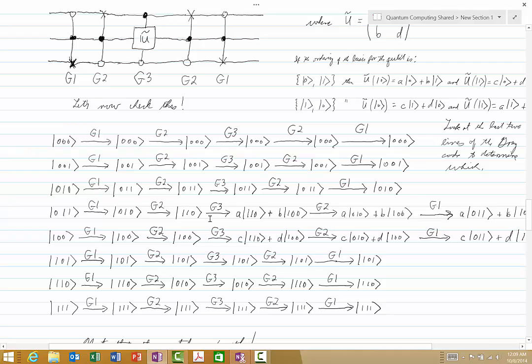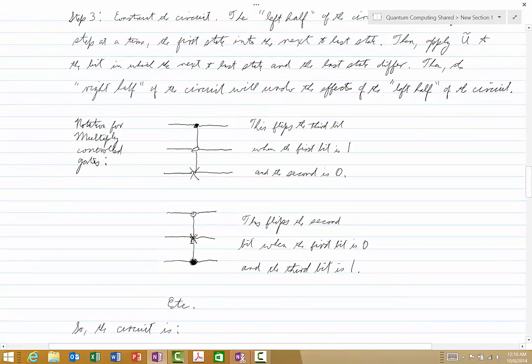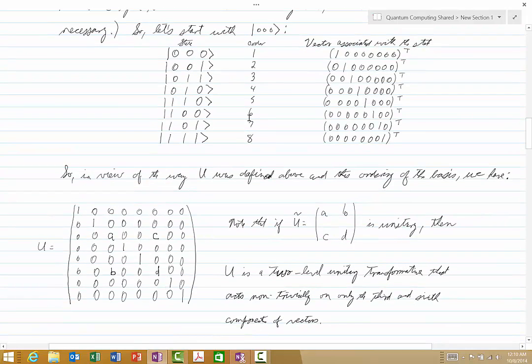Now, remember, G3 is really the first bit, and the last bit will just be passed along. It's that second bit that will get acted on by U tilde, which we have up here. But we need to be careful. Just like up here when we calculated the matrix for U, we found that we had to take into account the ordering of the basis in order to determine where the entries in this matrix went.